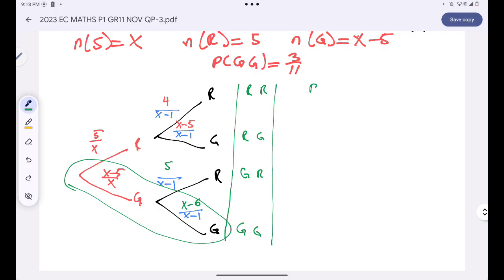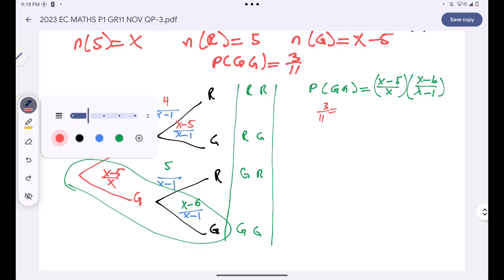I know that the probability of picking 2 green balls will be equal to X minus 5 all over X multiplied by X minus 6 all over X minus 1. However, I was told that the probability of getting 2 green balls is 3 over 11. So I'm supposed to work here, né?